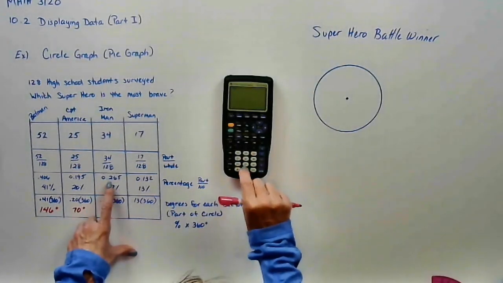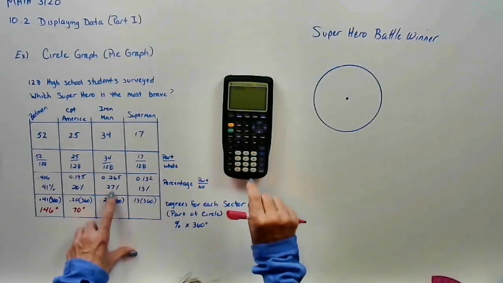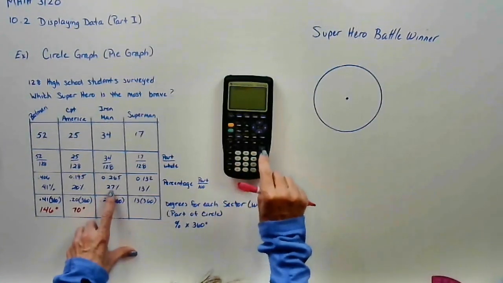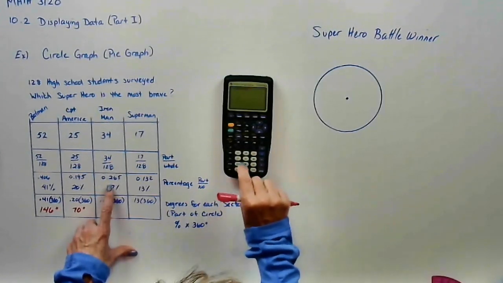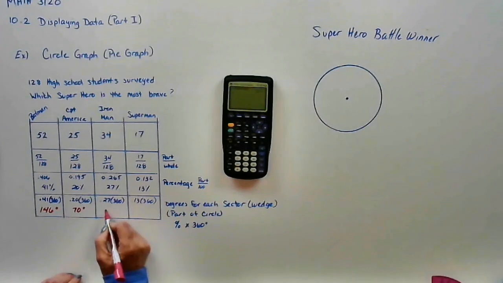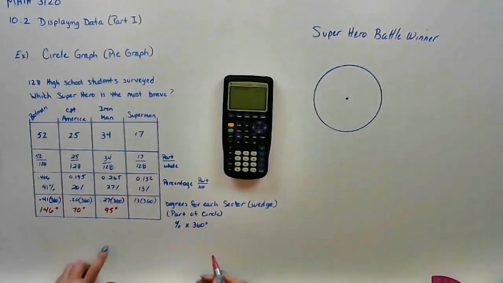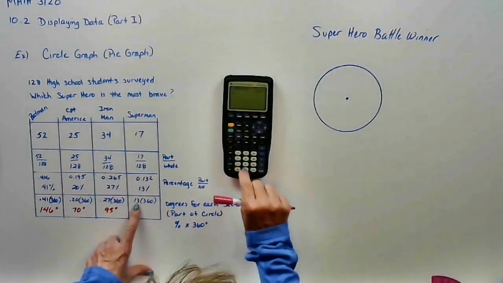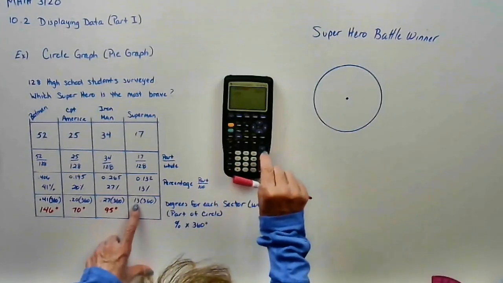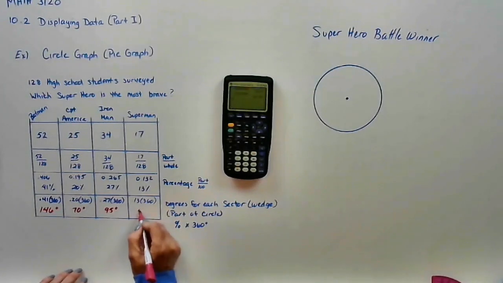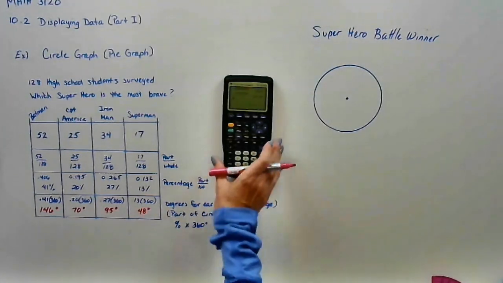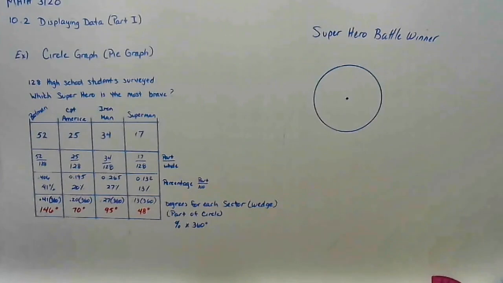If I take 26.5 or that 27%, whoops, just 0.265 times 360, I need a 95.4 degree angle. And lastly, I get about a 48 degree angle. Okay, so these might be a little bit off. If I add them all up, I might get something a little larger than 360 because we had to round.